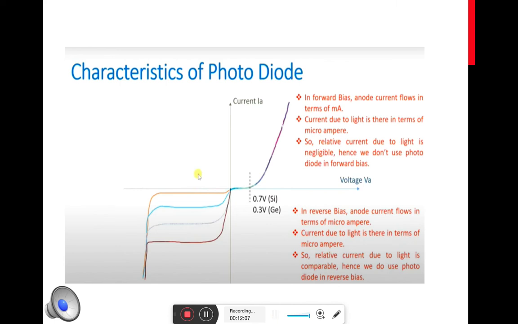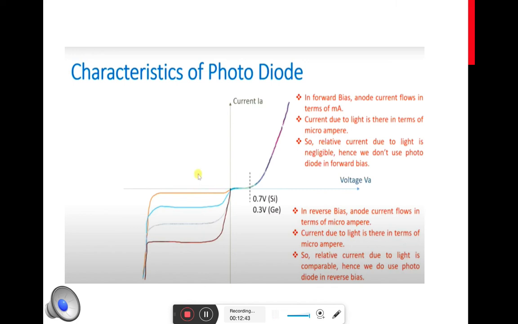When you consider the characteristics of a photodiode, it will be further clear why we always use the photodiode in the reverse bias condition and not in forward bias. When the photodiode is connected in forward bias, the anode is connected to the positive terminal and the cathode to the negative terminal, the depletion width will be less, and current will flow in the range of milliamps, while current due to light will be in the range of microamperes. Why microamperes?